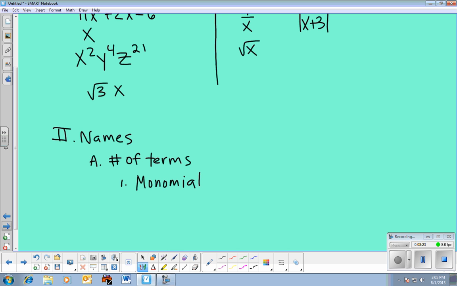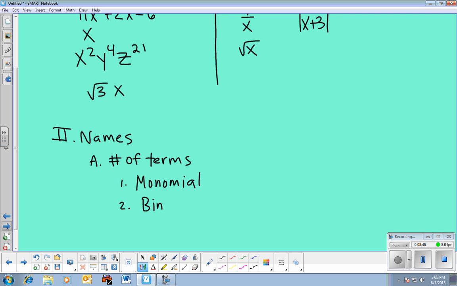Alright, 4 is a monomial. x is a monomial. x squared y to the 4th z to the 21st is a monomial. Alright, we don't have any plus or minus signs in this. It has one term. It might have multiple letters, it might have exponents, but we just have one term. Basically, terms are separated by plus and minus signs.